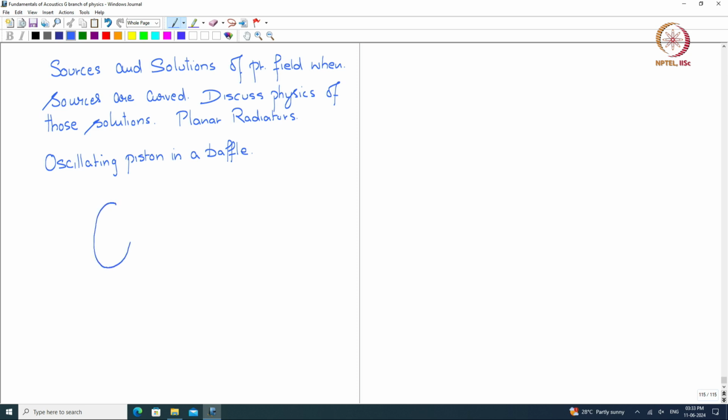Piston is just a disc of, let us say, radius a, and it is placed in a rigid wall. So this is a rigid wall. Immovable, non-moving rigid wall. That is called a baffle.